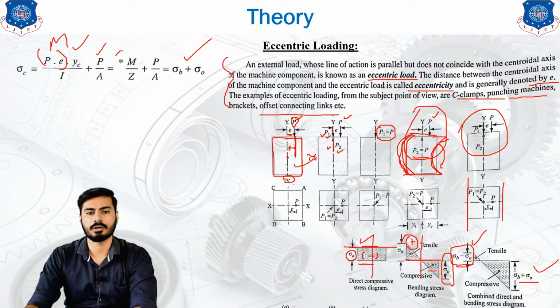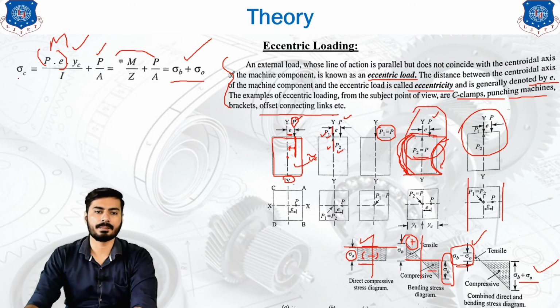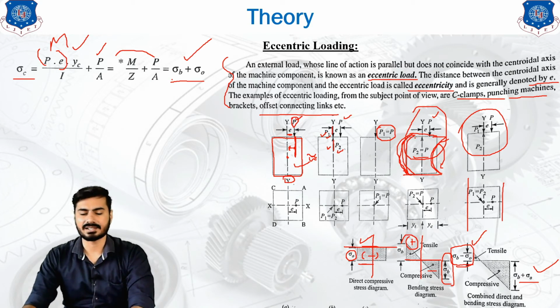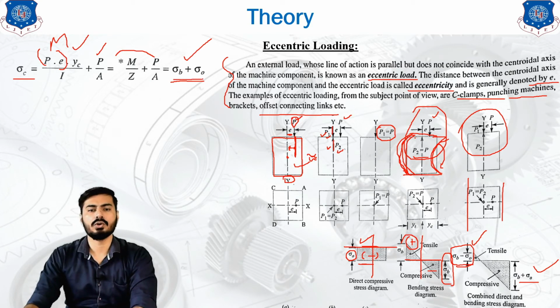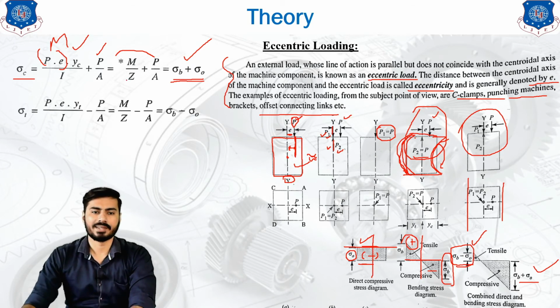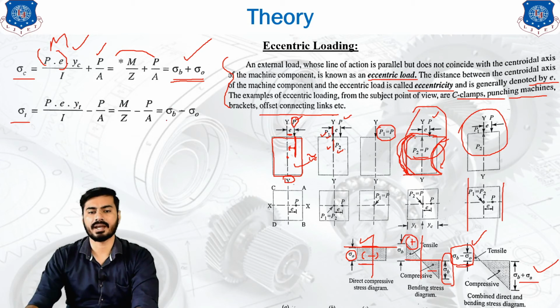The combination of both stresses gives you the answer like this. So this is the total compressive stress on the right fiber, which equals sigma b plus sigma 0. Similarly, the total tensile stress will equal sigma b minus sigma 0.